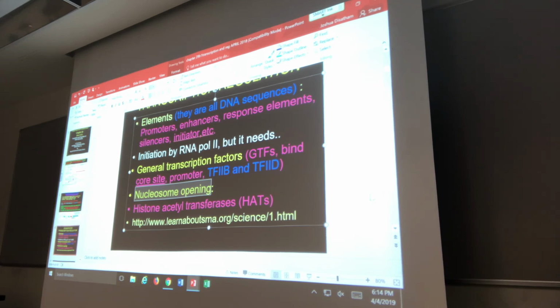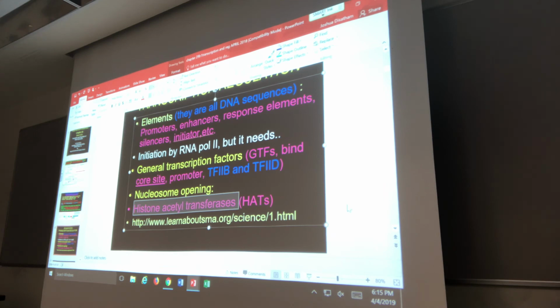This creates patterns of gene expression where some genes are expressed really highly because there aren't a lot of nucleosomes getting in the way, and some genes aren't expressed very often because nucleosomes are very dense and prevent transcription factors from getting in. There's a class of enzymes called histone acetyltransferases. You can guess by the name what it does. It attaches an acetyl group to a histone protein.